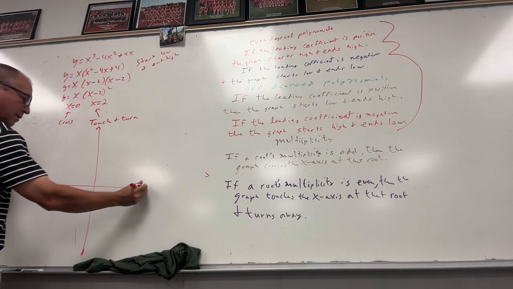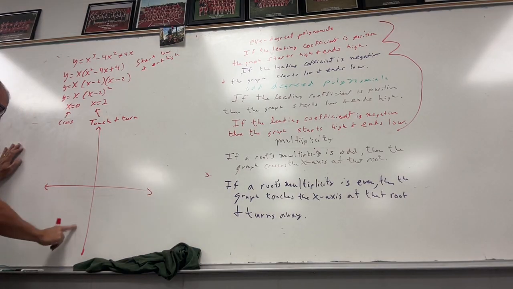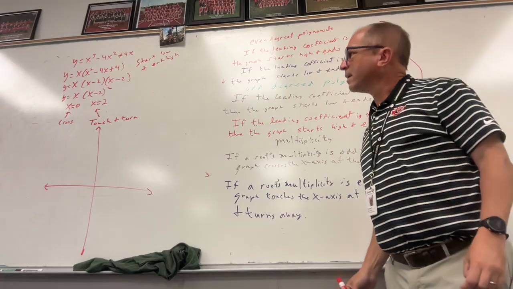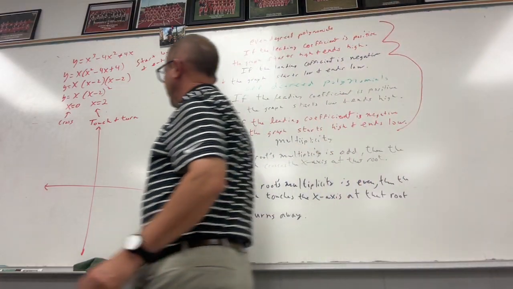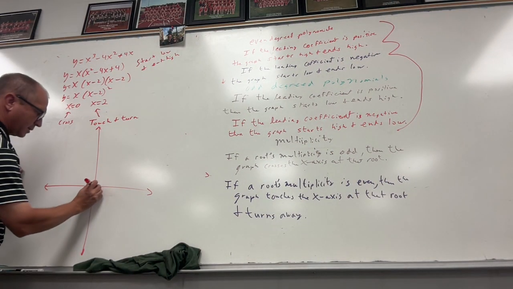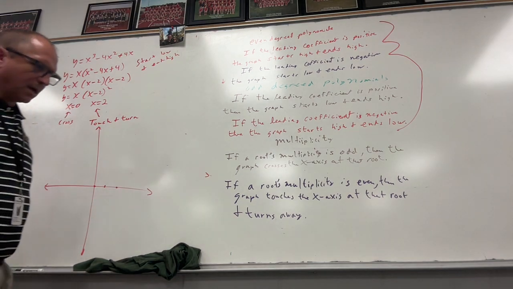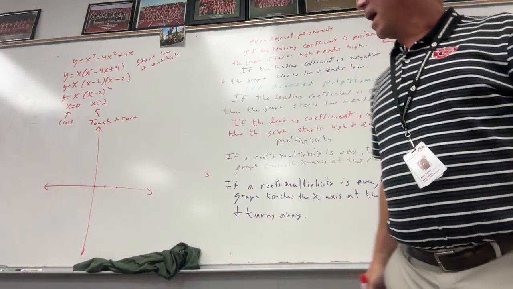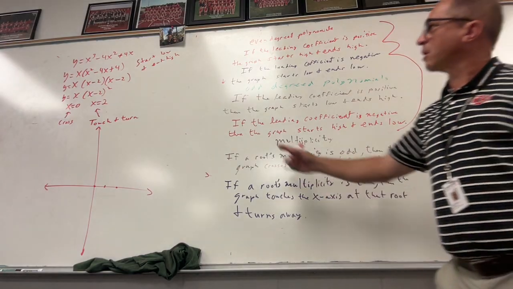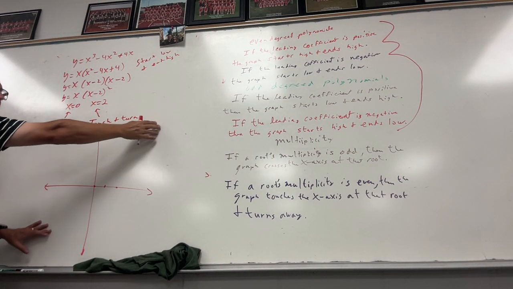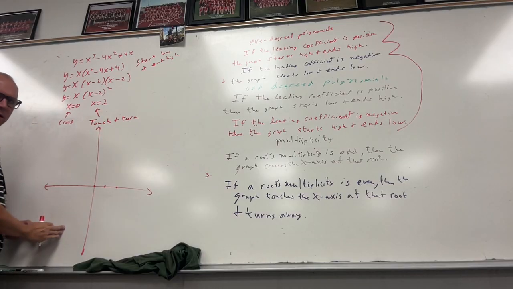I have intercepts at 0 and 2. So here's 0, here's 2. And I need to go up. I'm going to start low and end high. So I'm going to start down here and I'm going to end up here.